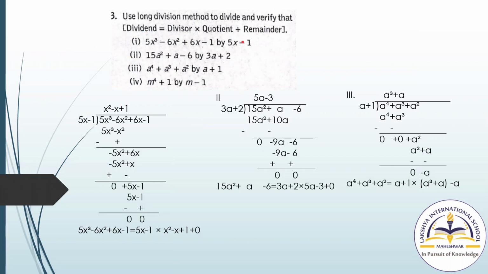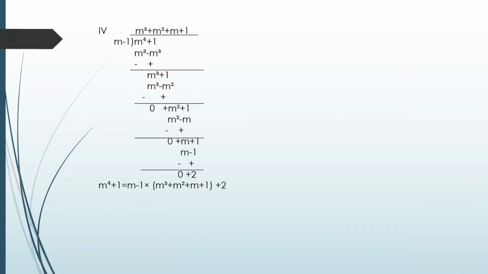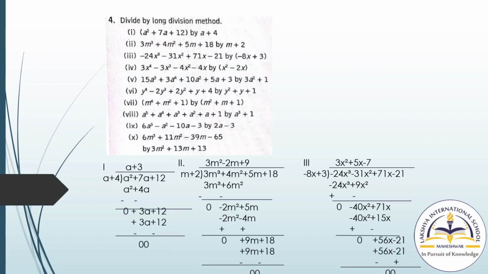Now what is the remainder? The remainder is here. At last, the remaining value will be the remainder. So we have to write them in this form, and you have to verify them. Now in the same manner you have to solve question number 2nd, 3rd and 4th. I have given the solution here.